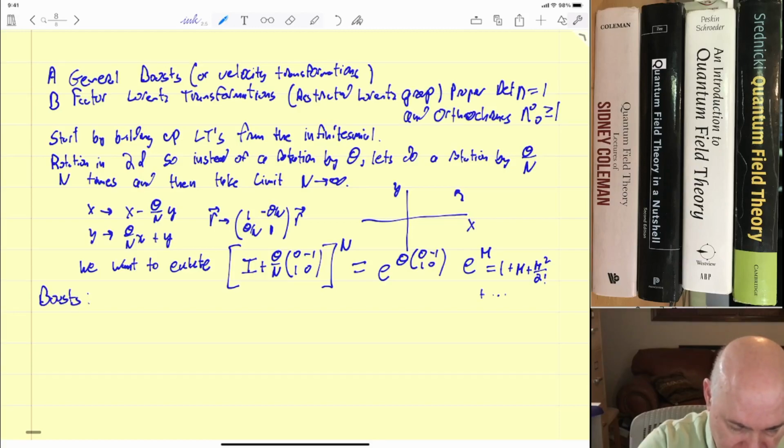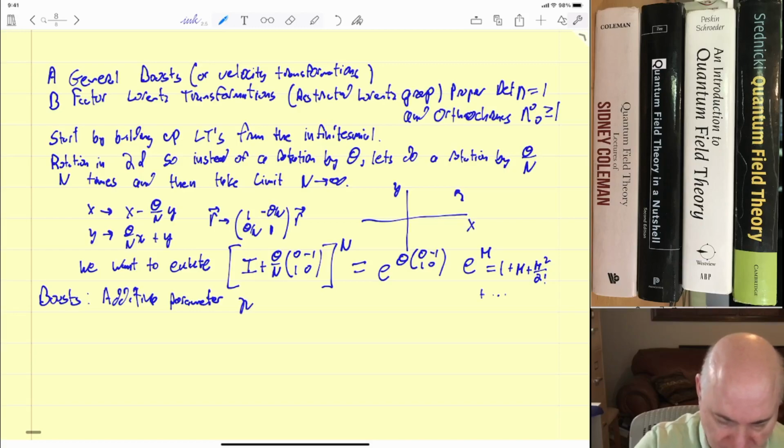And again, we'll use an additive parameter, which I'm going to call eta, which is the rapidity parameter that we discussed in the last tutorial.